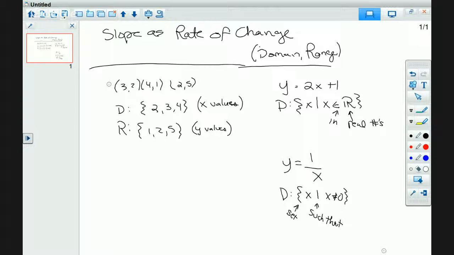You can't divide by 0. So the domain has to exclude 0. It can be anything else. Here, there's nothing that I can't put in there to get a number out. So everything works. All real numbers.